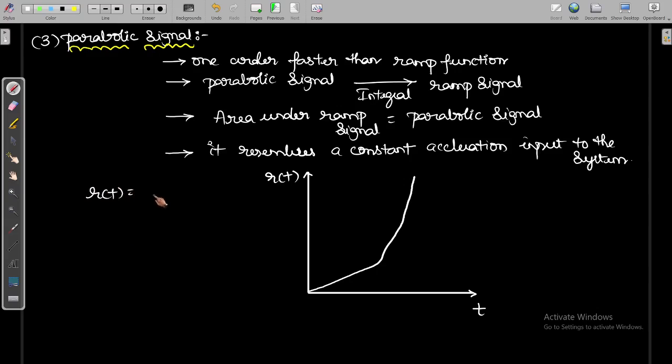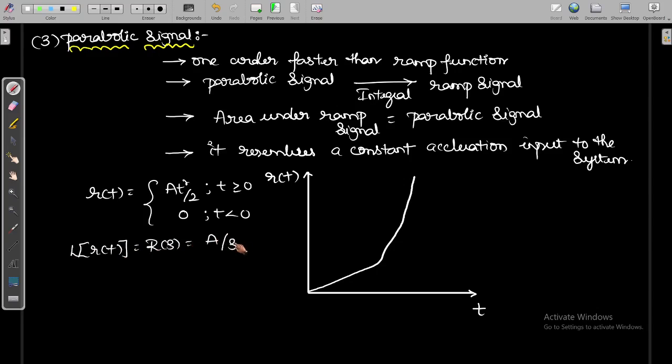Mathematically we can write r of t is equal to A t square divided by 2, for t greater than or equal to 0, and 0 for t less than 0. Then the Laplace transform of r of t is R of s, which will become A by s cube.